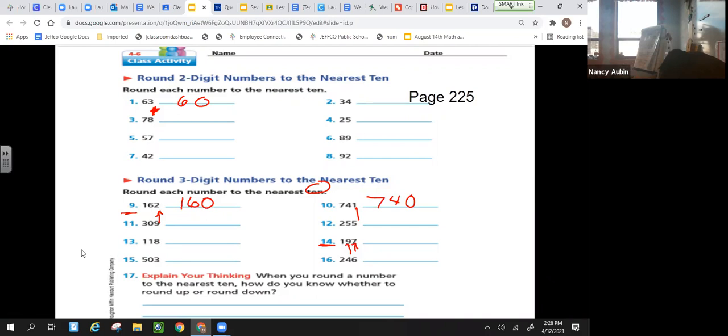Be careful, don't round it to the nearest 100, round it to the nearest 10. There's a 2 in the one place. Okay, look at the 3, right? Now, go in the one place. Round up, it's either 0 or 10.